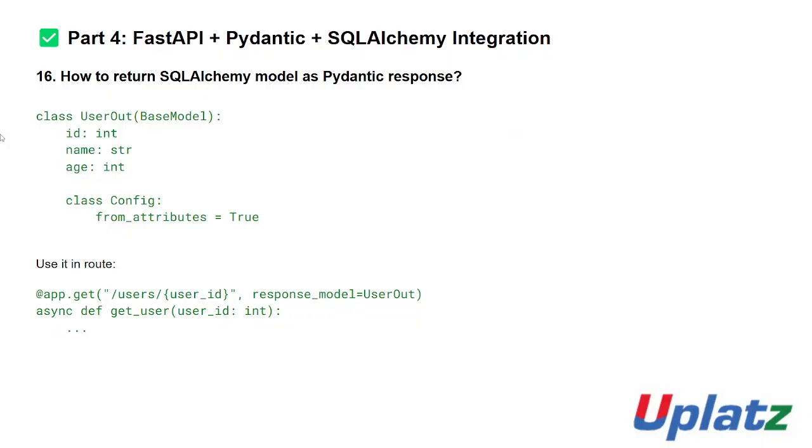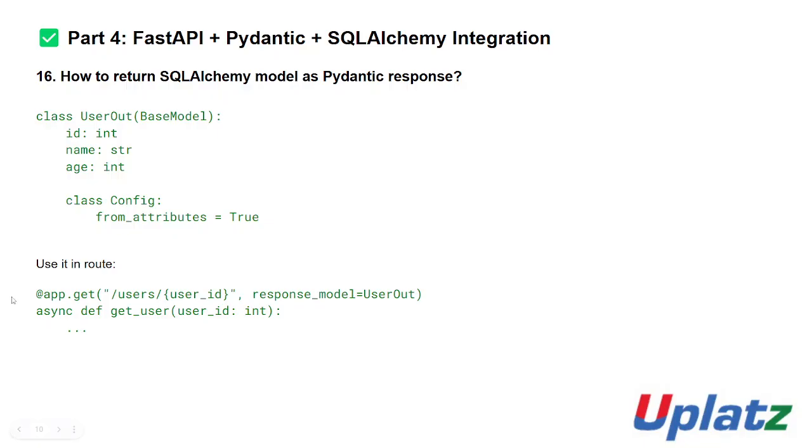Next, part 4, FastAPI plus Pydantic plus SQLAlchemy integration. 16. How to return a SQLAlchemy model as a Pydantic response. class UserOut(BaseModel): id of type integer, name of type string, age of type integer, class Config: from_attributes must be true.